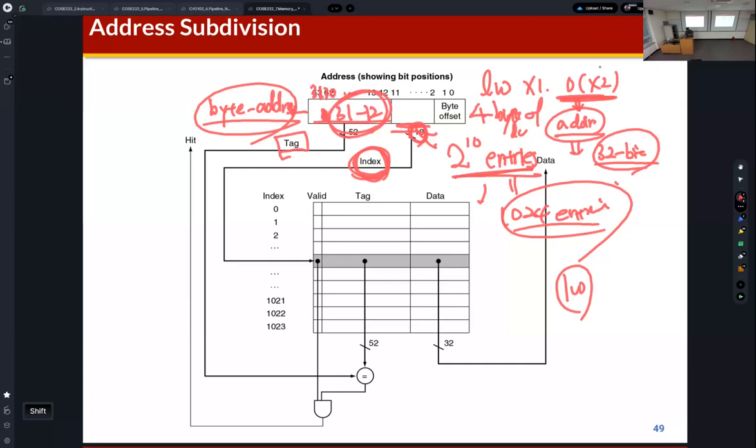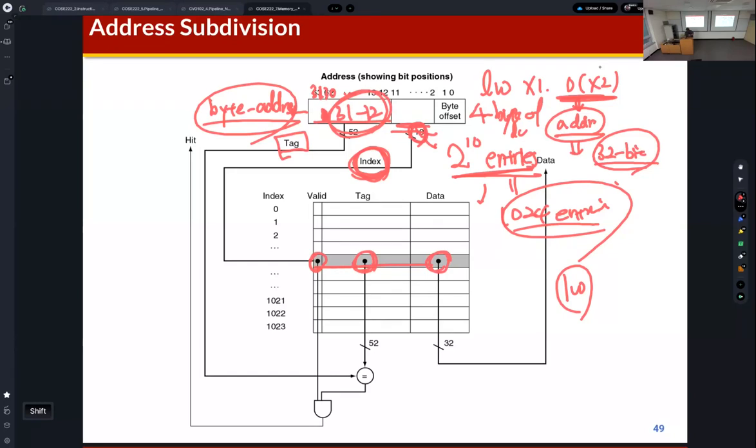Okay. And if you see a single cache entry, as you can see, a single cache entry has the valid bit, then the tag, okay, then the data. Okay.